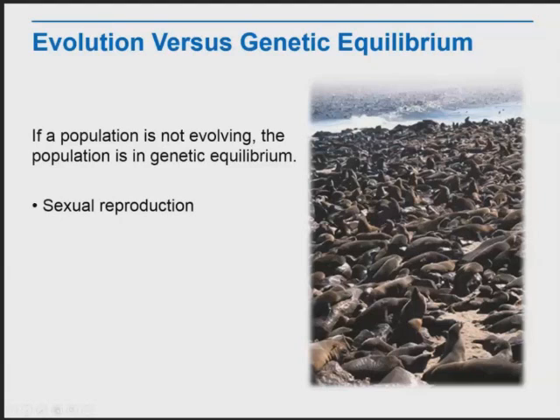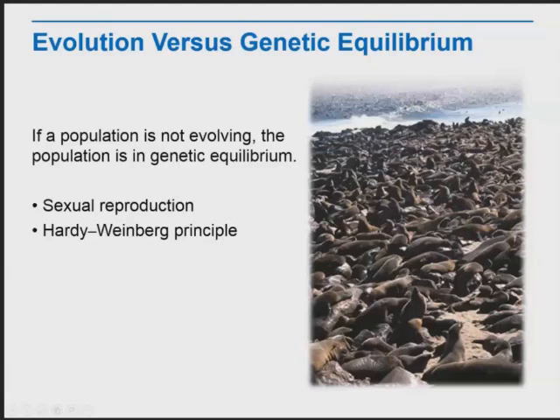Gene shuffling during sexual reproduction produces many gene combinations. But a century ago, researchers realized that meiosis and fertilization by themselves do not change allele frequencies. So hypothetically, a population of sexually reproducing organisms could remain in genetic equilibrium.